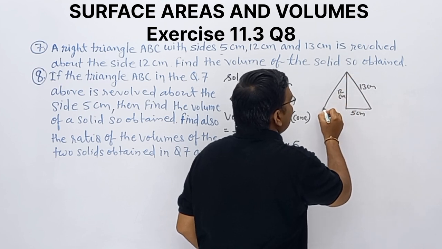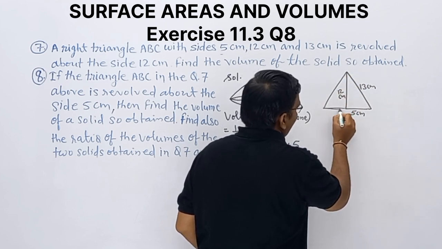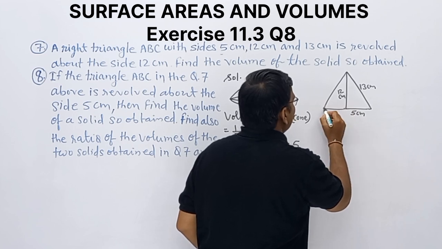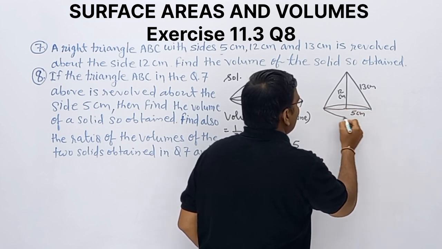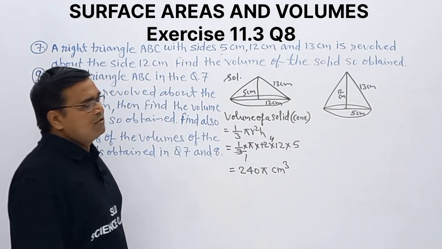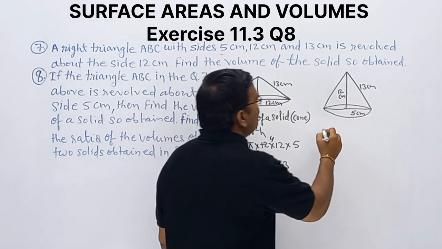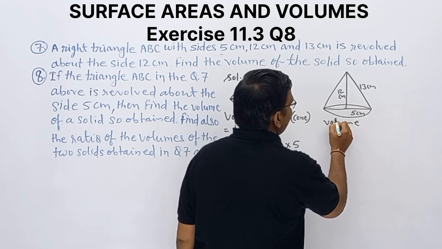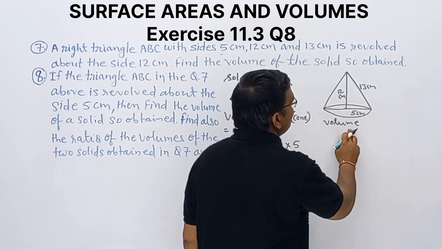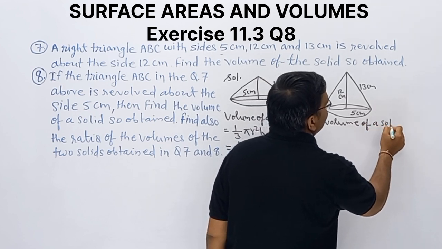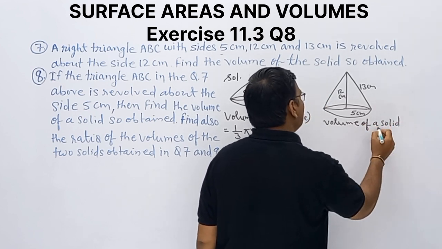That time we get a solid, and that solid is a cone. Clear? For this solid we already solved the volume.